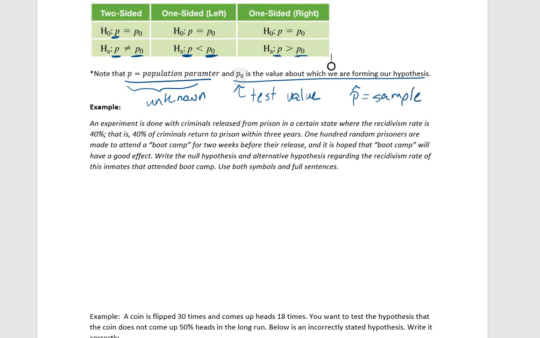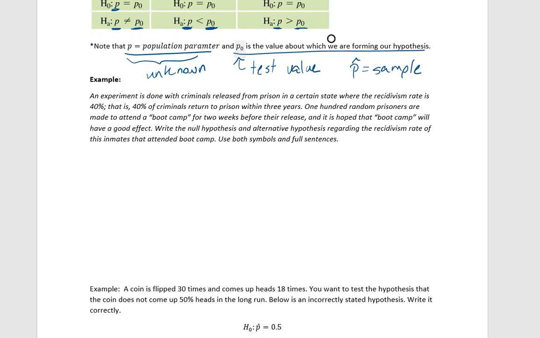So let's look at an example and we'll be marking these. An experiment is done with criminals released from prison in a certain state where the recidivism rate is 40%. What recidivism rate is, is that 40% of prisoners return to prison within 3 years. So, 100 random prisoners are made to attend a boot camp for 2 weeks before their release, and it is hoped that boot camp will have a good effect.